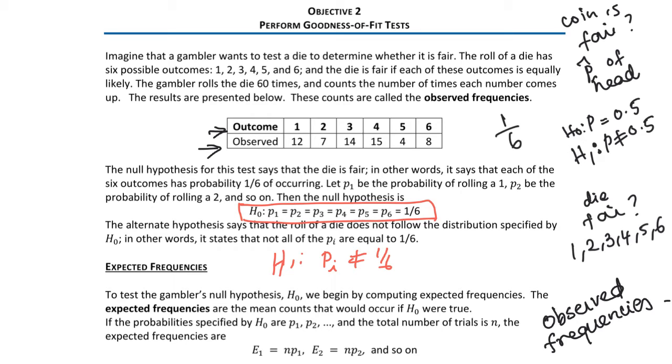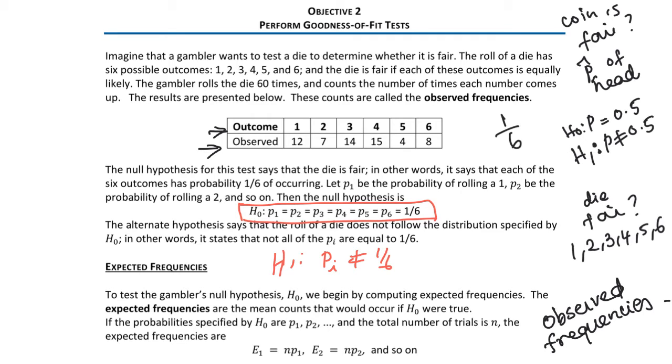Now let's see what the expected frequencies are. To test the gambler's null hypothesis, we begin by computing the expected frequencies. The expected frequencies are the mean counts that would occur if the null hypothesis were true.